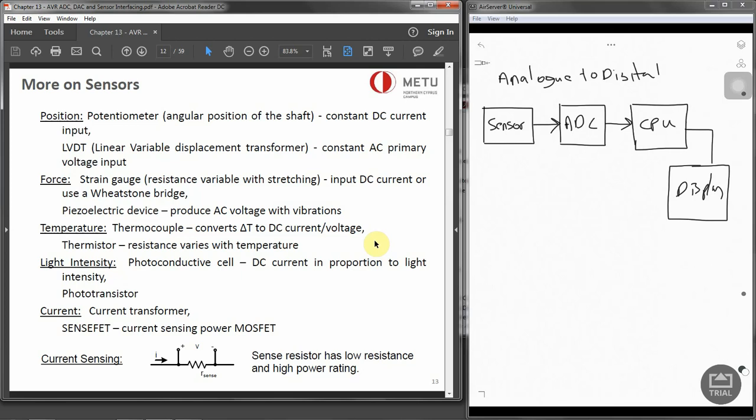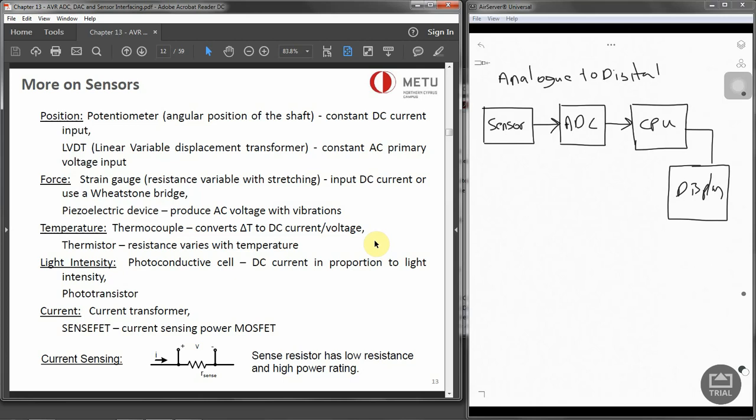And it's one of the major areas of embedded systems that deals with all these sensor values, converting them to digital and processing them. Now we are going to see how we are going to use these ADCs with their special characteristics, their parameters, and how we are going to configure the AVR to perform these operations for us.